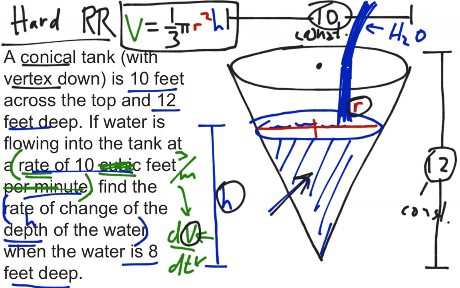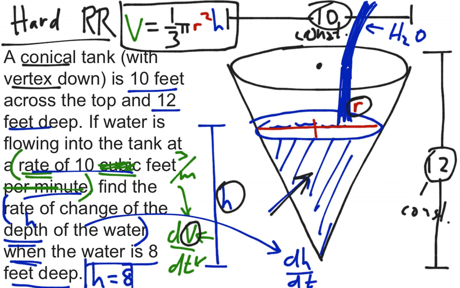Great, so that's a thing. I'll write it over here: the rate of change of h with respect to time, we're looking for dh/dt, like that, very nice. And then when the water is 8 feet deep, eventually, not right away, because then you're going to kill kittens, eventually we're going to plug in h equals 8 into the equation to get us the dh/dt.